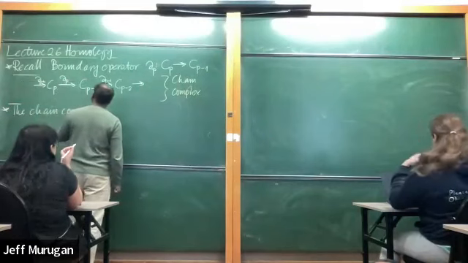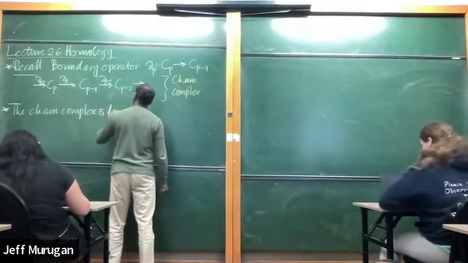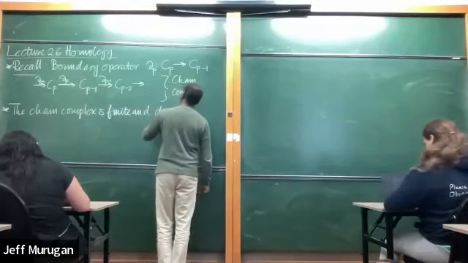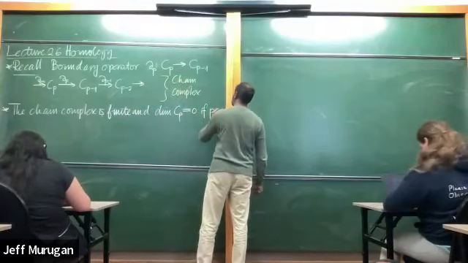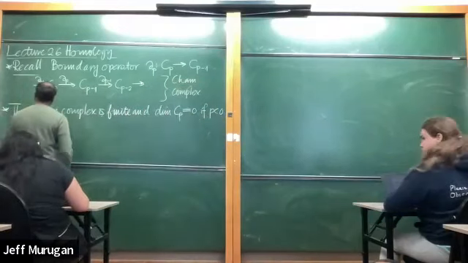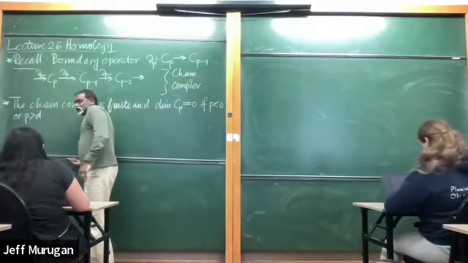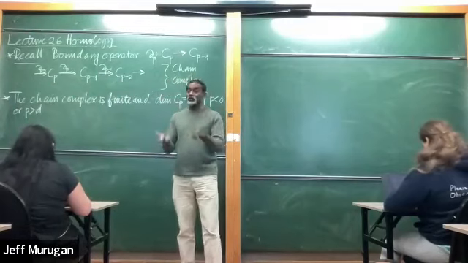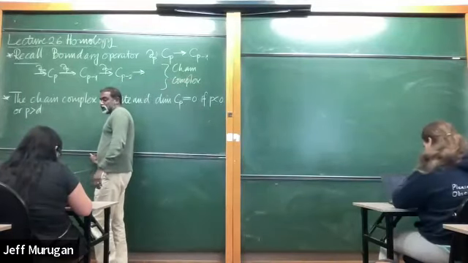So a chain complex is finite, and the dimension of C_p is 0 if p is less than 0 or p is greater than the dimension of the manifold. There are two important linear subspaces of each of the C_p that deserve mention, in the same way that there were for the space of forms.